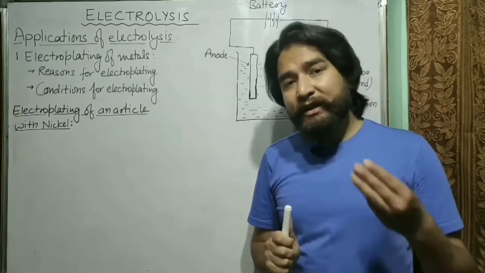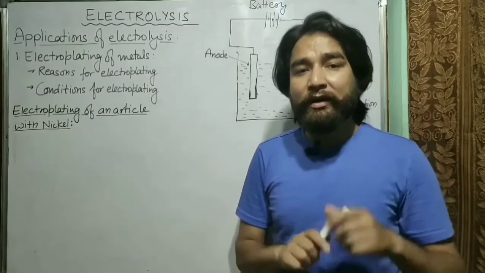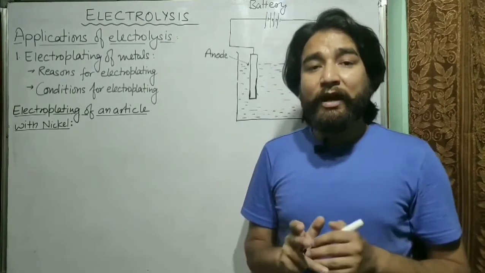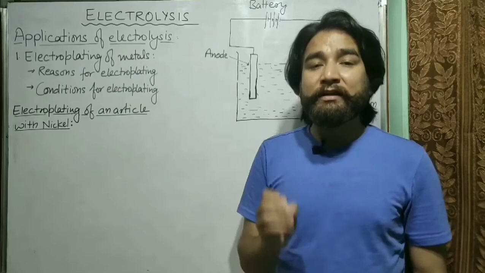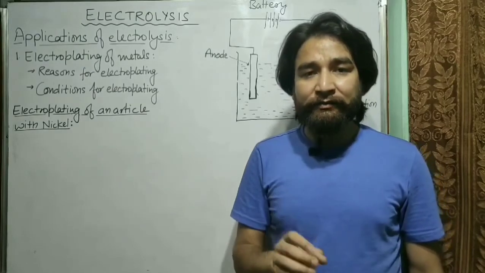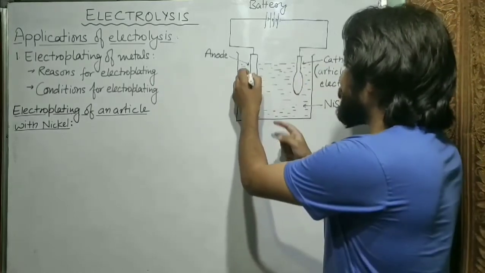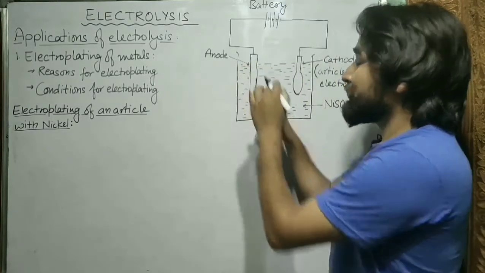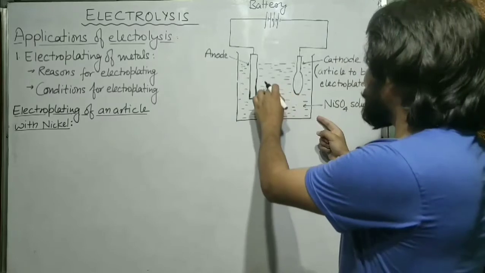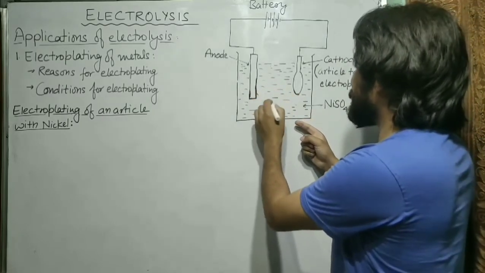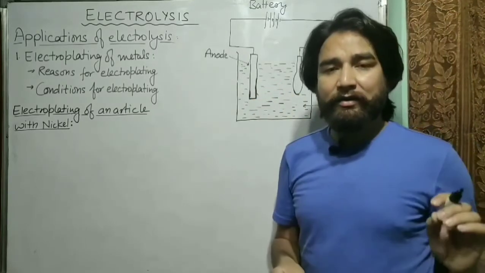The third point that you have to remember is about electrolyte. The electrolyte must always contain the metal ion from which electroplating is to be done. It means the metal of which anode is made, that metal must be present in the electrolyte.